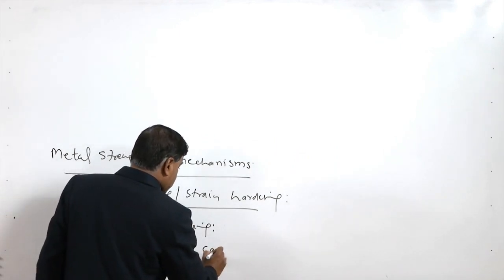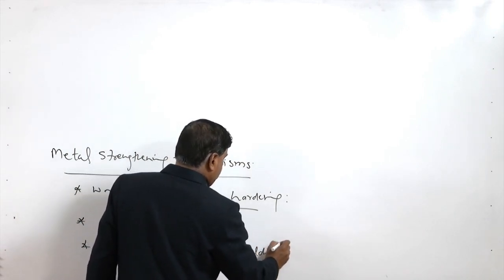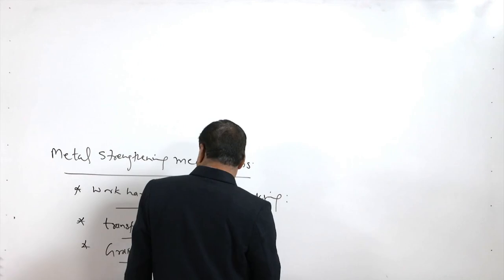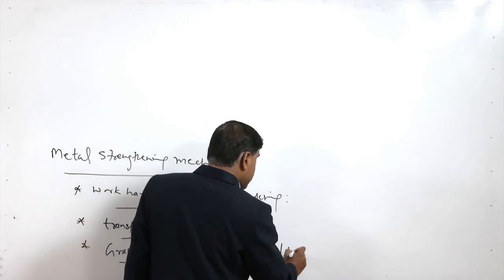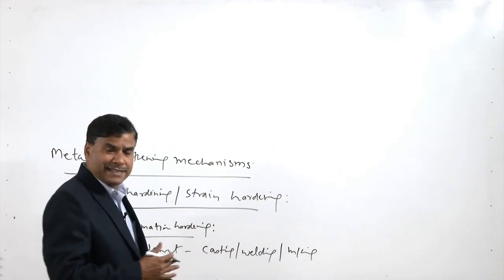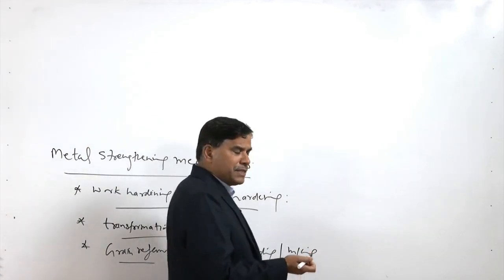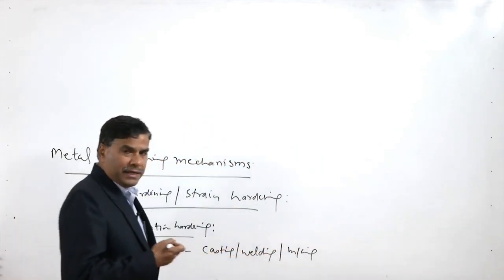So, the casting, welding and those machining processes where melting and fusion is involved, like as cast or recast layer is produced in processes like laser machining or the electro discharge machining.